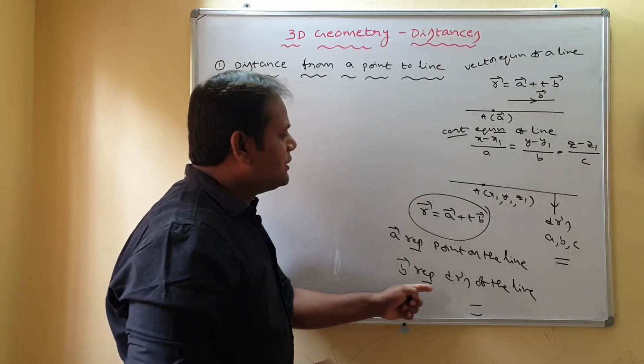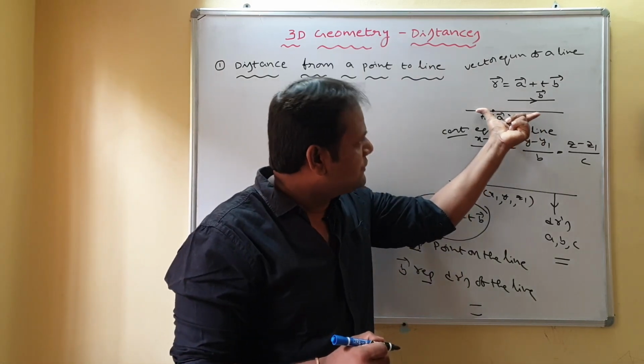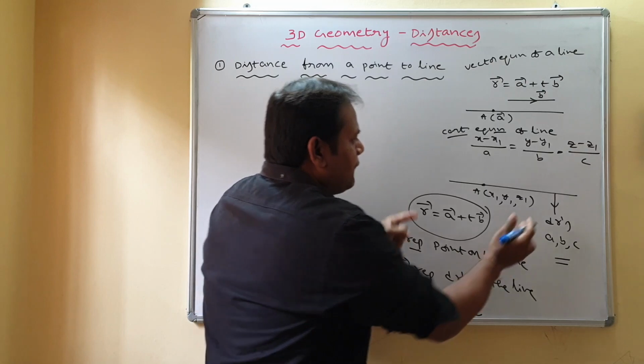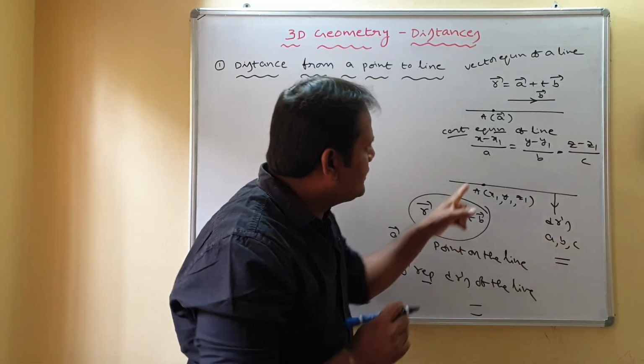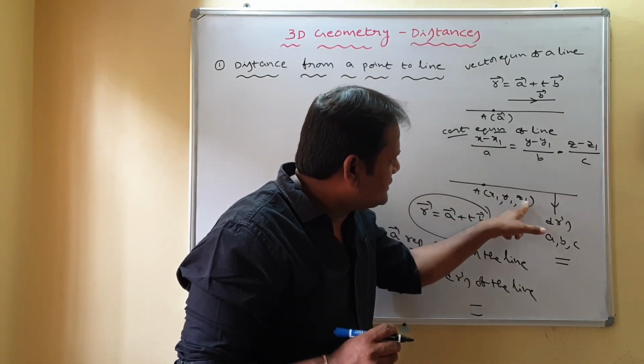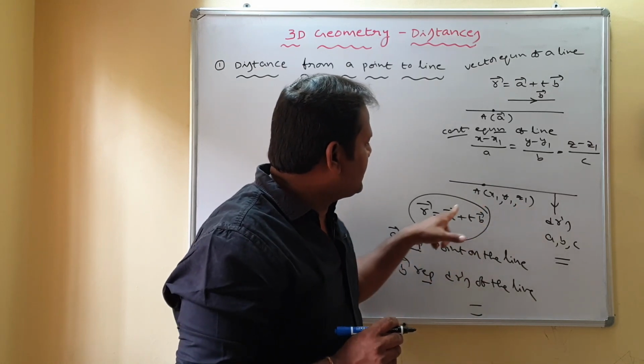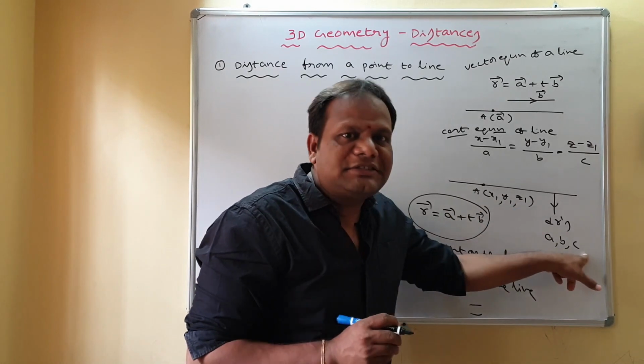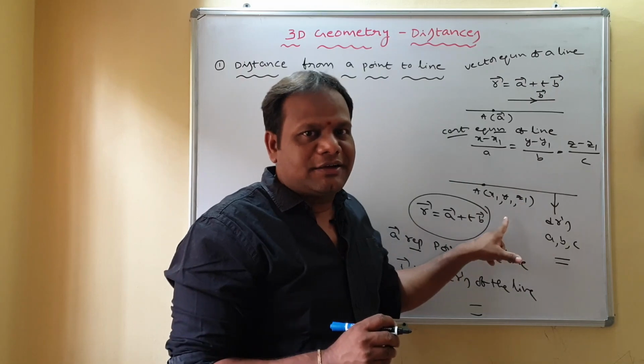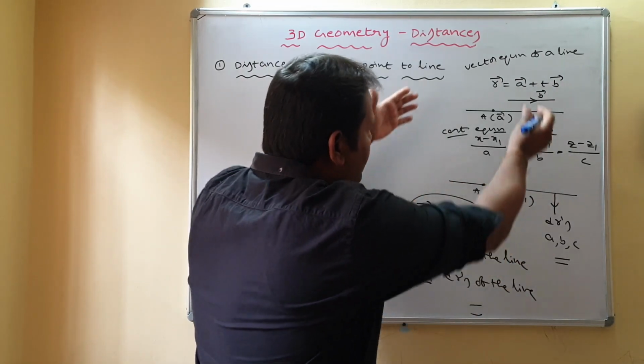From the Cartesian form also, the point (x1, y1, z1) represents the a bar vector and the DRs represent the b bar vector. So already you know about this.